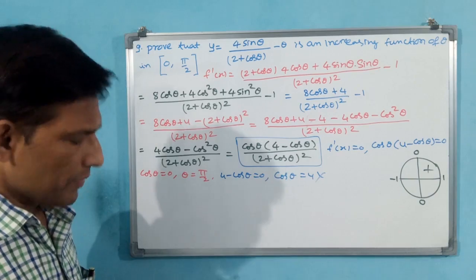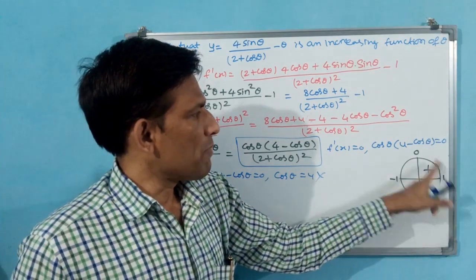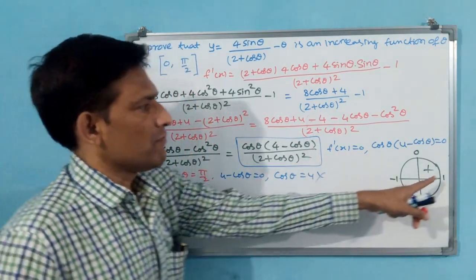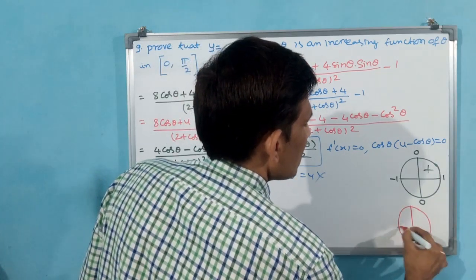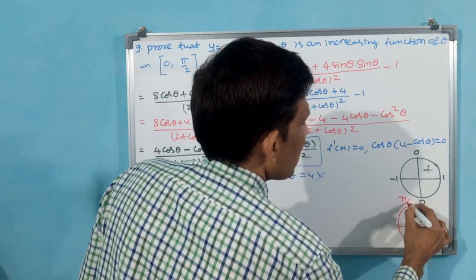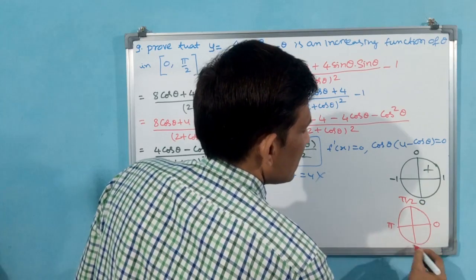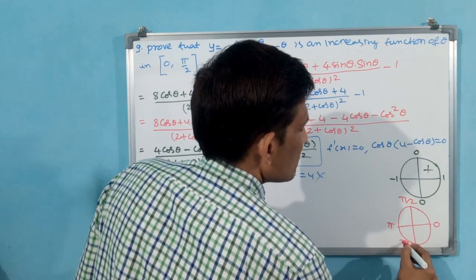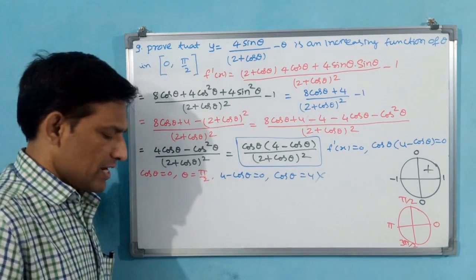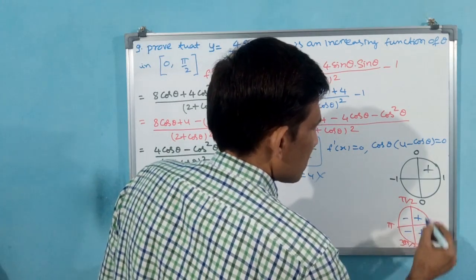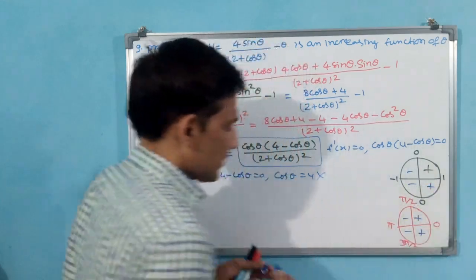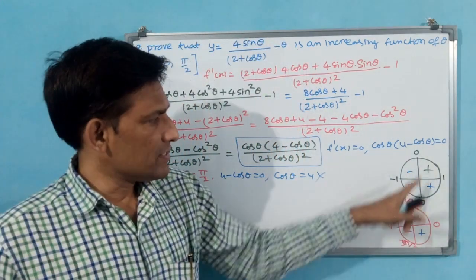You see, from 0 to pi by 2, this is the domain: 0, pi by 2, pi, 3 pi by 2, with signs plus, plus, minus, minus, plus, minus, minus. This is the domain, this is the range.